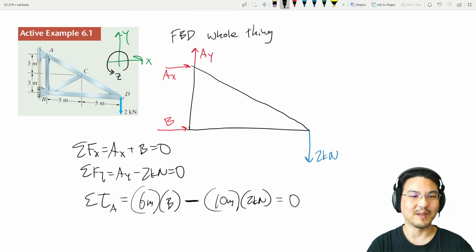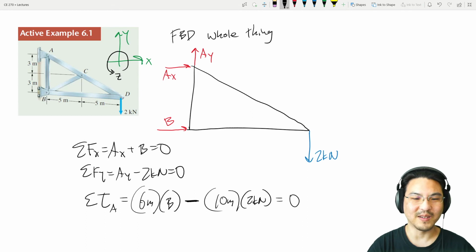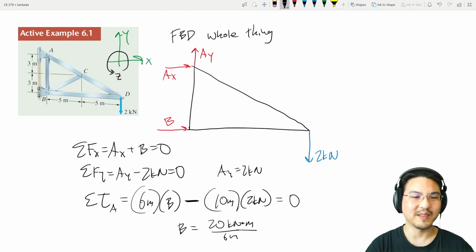Okay, so now look, 3 equations, 3 unknowns. Solve this for B, right? B is 20 kilonewton meters over 6 meters. And then solve for AY, 2 kilonewtons, and then solve for AX.